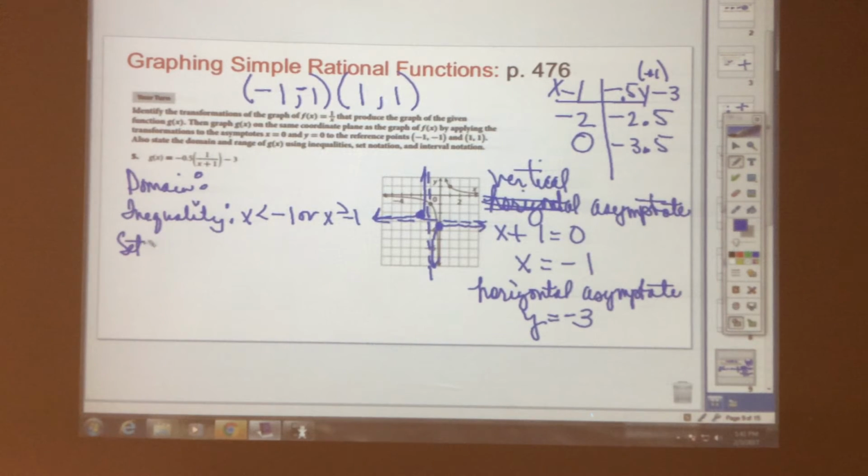Set notation. Oh, we have to do it in all of them? Yes, sir. Braces x such that x is not equal to negative 1, braces. Interval notation.